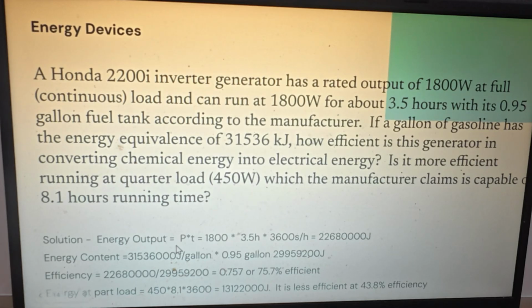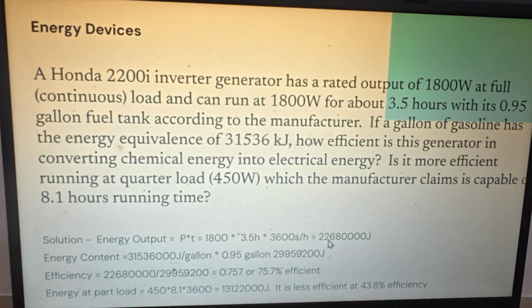The solution is energy output is power times time, 1,800 watts times 3.5 hours. There are 3,600 seconds per hour. Energy is power times time, because joules per second is watts, so if you multiply by seconds, you get joules.